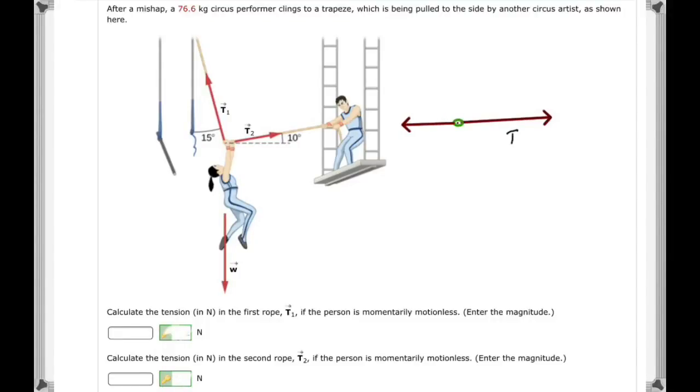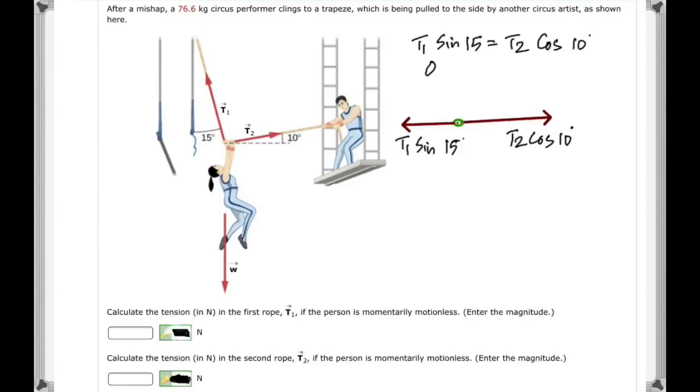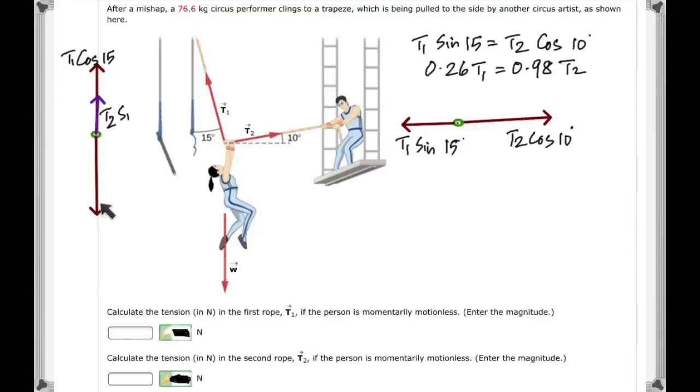Long story short, here are the horizontal components. T2 cosine 10 and T1 sine 15. They have to be equal to each other. And here are the vertical components. There are 3, including the weight, which acts vertically down.